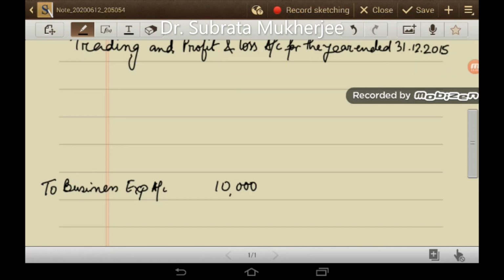Wages account debit to cash is the journal entry, written on the credit side, the payment side of the cash account. It will appear on the debit side of the trading account, to wages, 15,500.